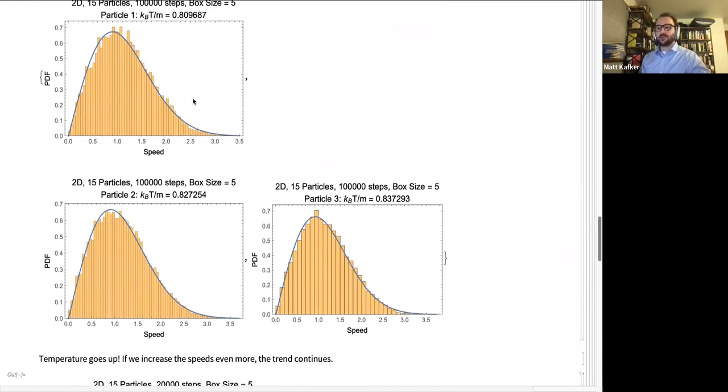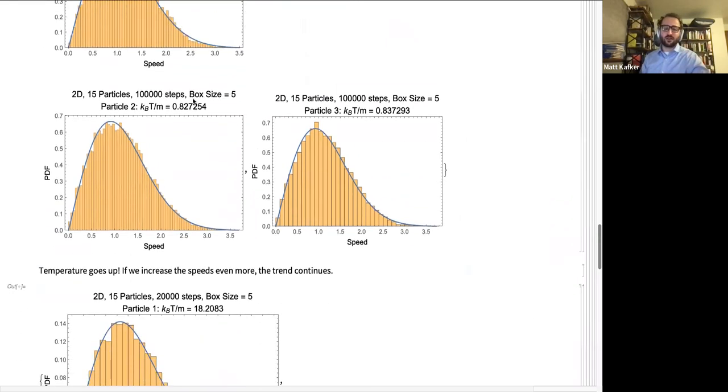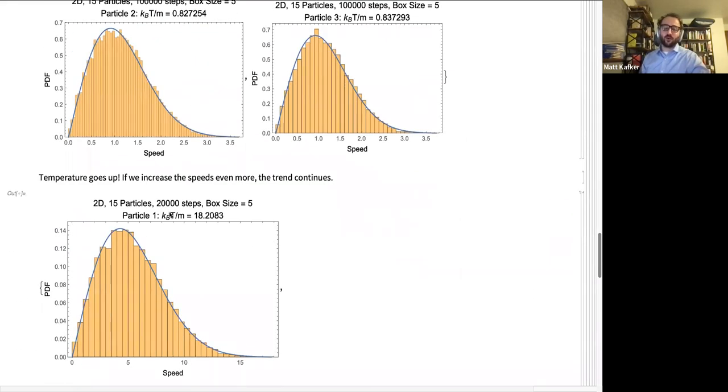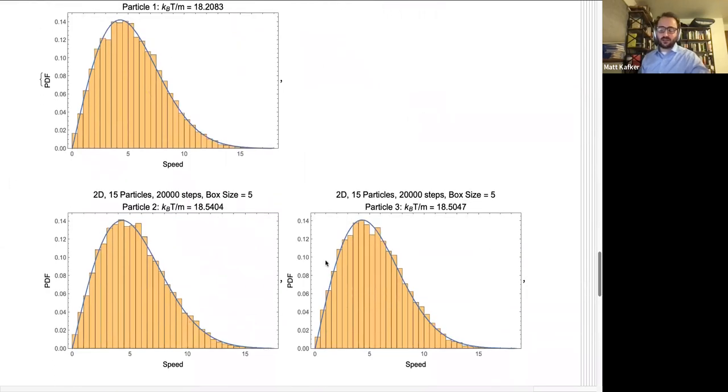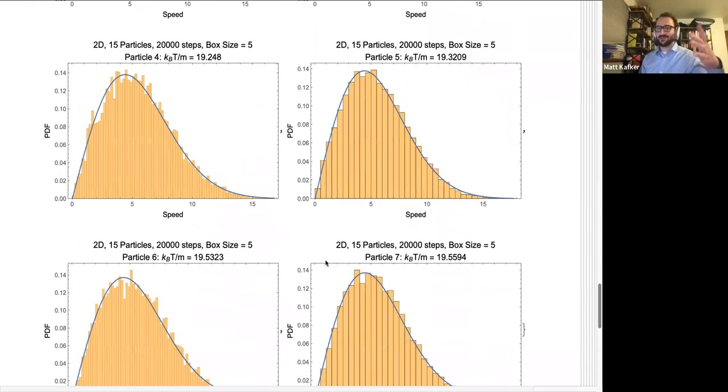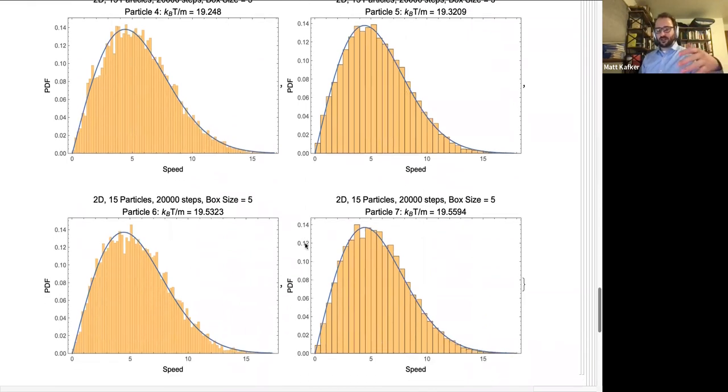So increasing the speed increases this measure of the temperature, which is what we'd hope, because temperature is, roughly speaking, the average kinetic energy of the particles. So if we increase that, we hope the temperature goes up as well. And if we increase the speed even more, the temperature is going up as well. So now this is 18. The absolute values or the magnitudes of these numbers are not that important. The relevant information is just that the temperature increases with the speed.